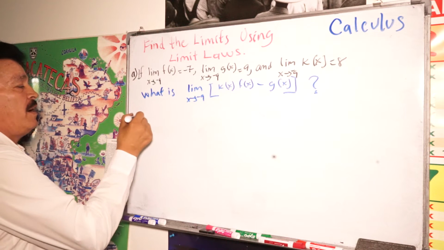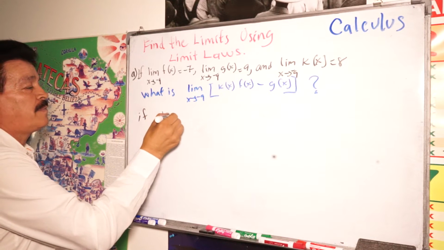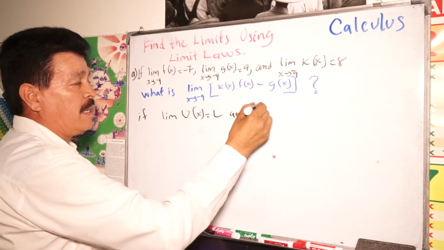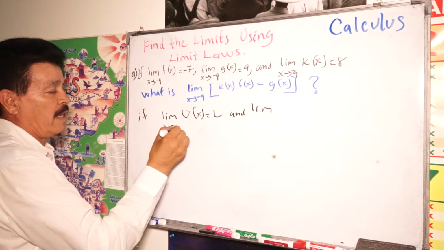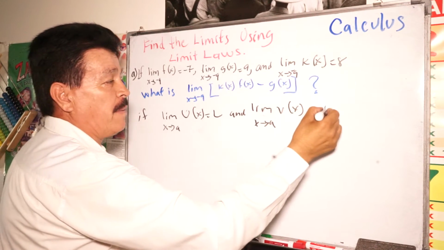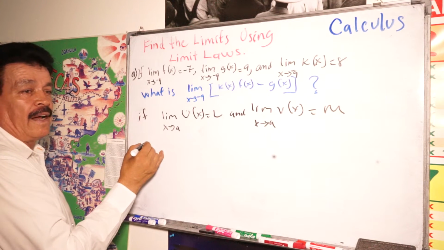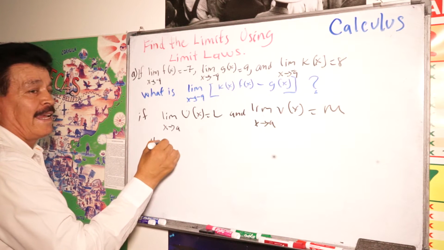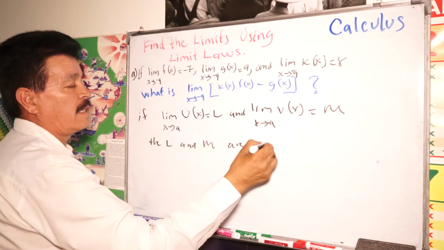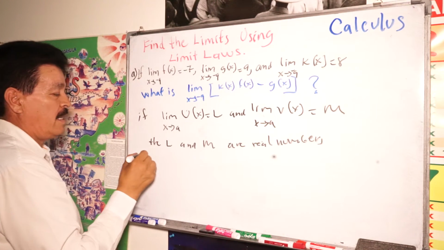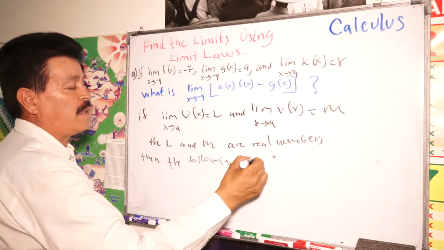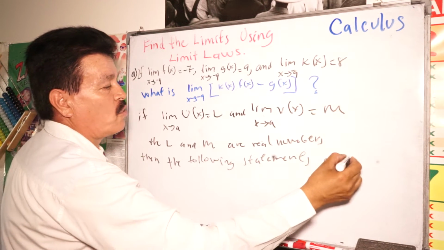So remember, if the limit of u of x equals L as x approaches a, and the limit of v of x as x approaches a equals M, where L and M are real numbers, then the following statements are true.